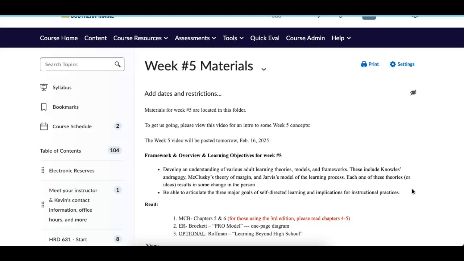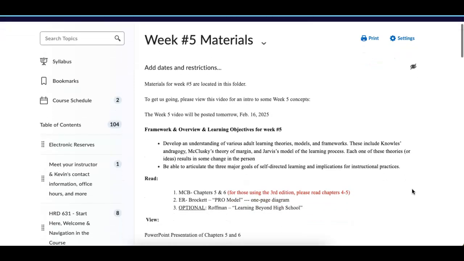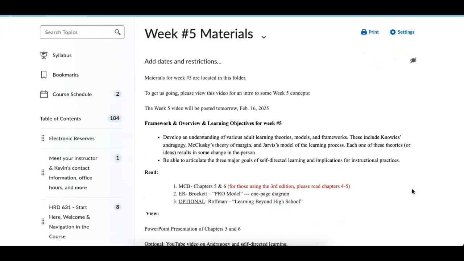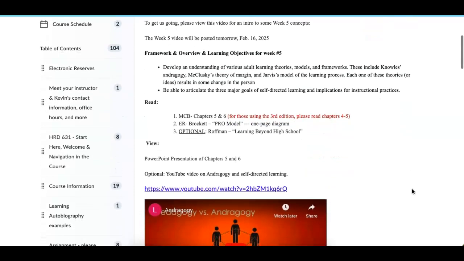Andragogy is, by some accounts, a theory, but in my mind, it's more a set of assumptions about how adults learn. Andro means, if you look at the Greek roots of that, it means to care for. So really, simplistically said, it's caring for adults in a learning situation. So that's what we're going to be primarily looking at this week in week number 5.